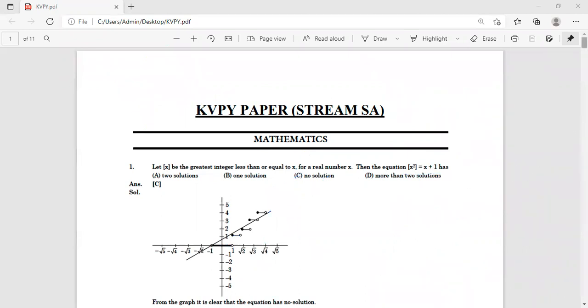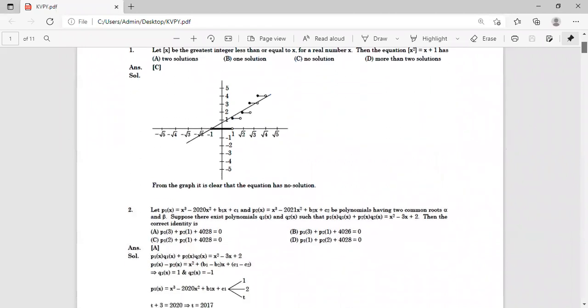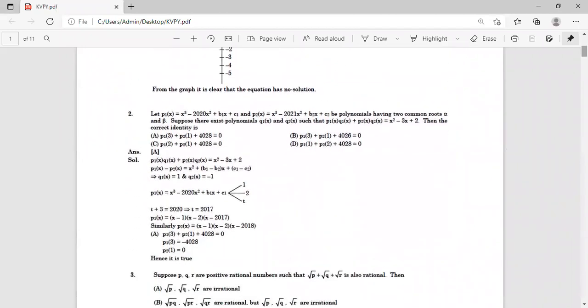So try the next one. Already you have tried. So let us see the second question. In the second question we have P1(x) and P2(x), these polynomials having two common roots, alpha and beta.